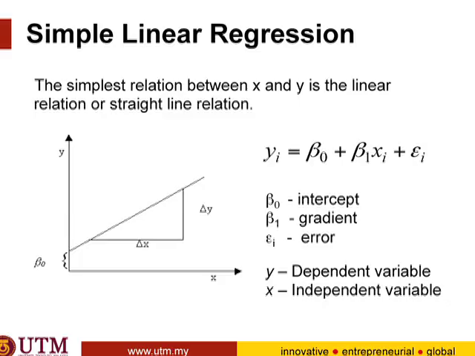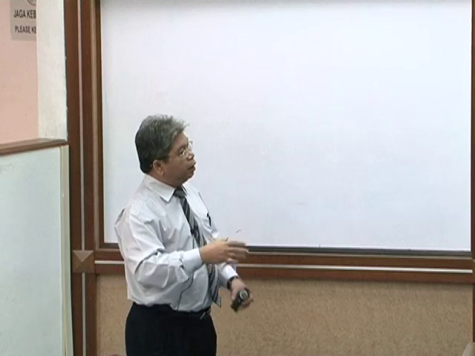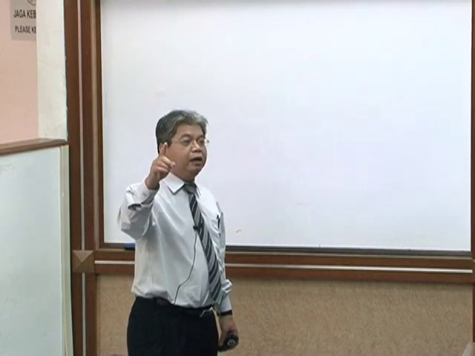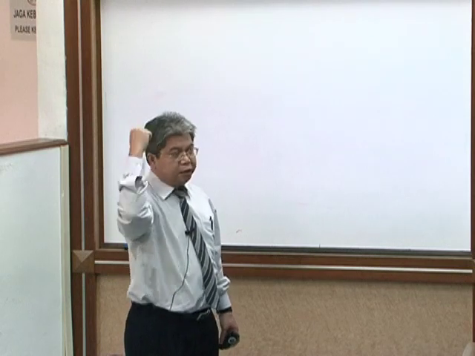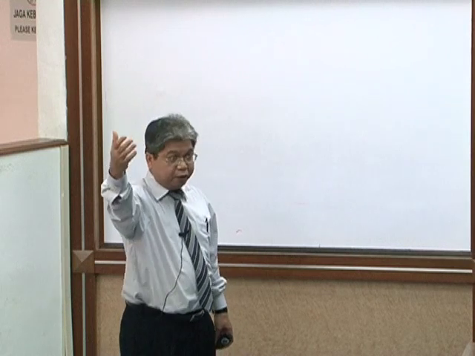What is beta 1? The gradient. The gradient is, if you can see from this plot here, an increase in y when we increase x by 1 unit value. Let's say x is time. When we increase x by 1 second, how much y will increase? If x is concentration, if we increase x by 1 ppm, how much absorbent will increase?